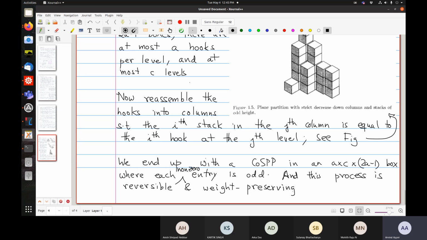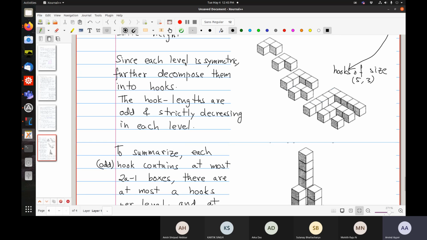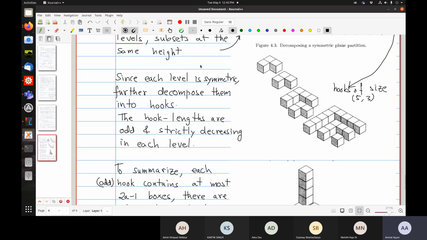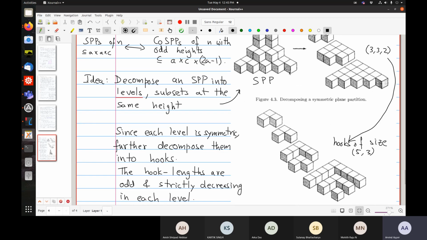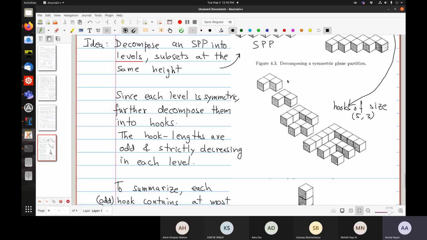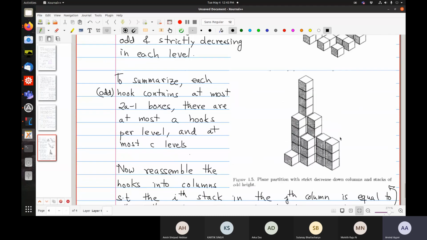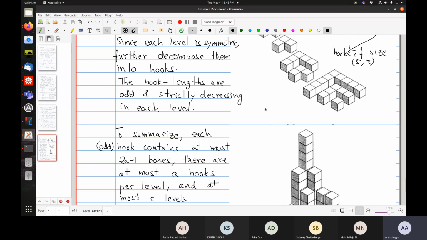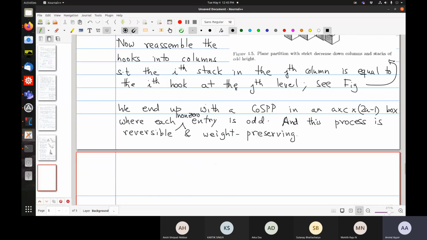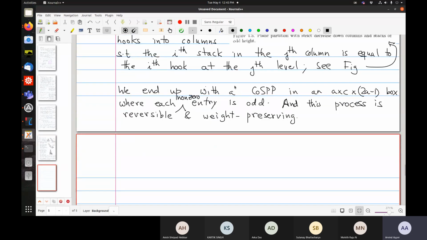We have not changed the number of boxes in this entire process. Any questions about this? As I said, this is shamelessly borrowed from Rasool's book. You can see this example over there also.